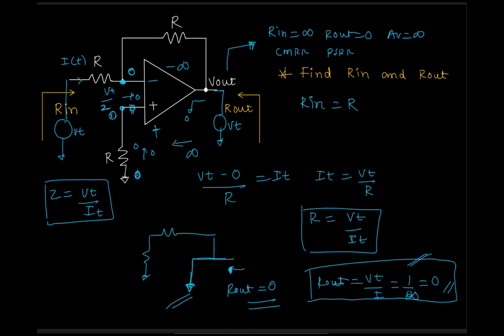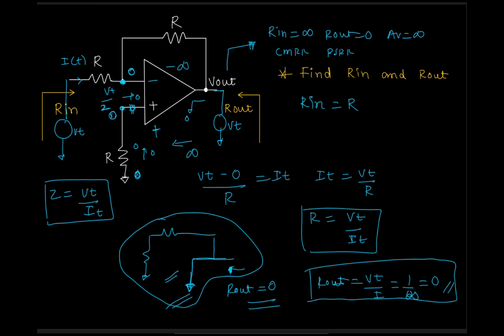Please remember the basic concepts, because this type of shortcut will not be applicable everywhere, since behind it there are several assumptions that they have made, that the gain is infinite, the output resistance is 0, and so on.